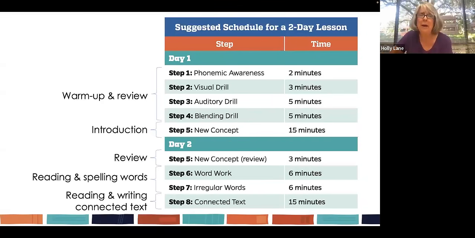So the amount of time that you spend on each step, we think is pretty important. We recommend that you don't spend 45 minutes or an hour slowing down and doing these things a lot slower, because the pace really is important for developing kids' automaticity. We want to get them to the point where they can respond quickly and don't take a lot of time to get through this.